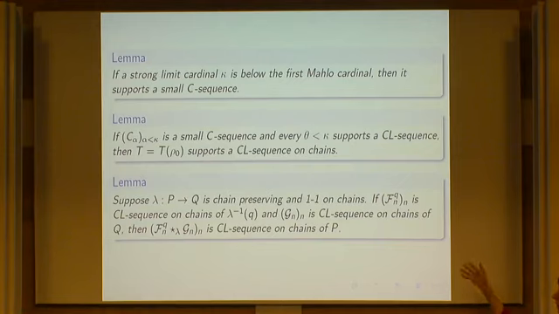I won't say what these families are, but this is just a generalization of the argument of passing from a CL sequence on kappa to a tree of height kappa.